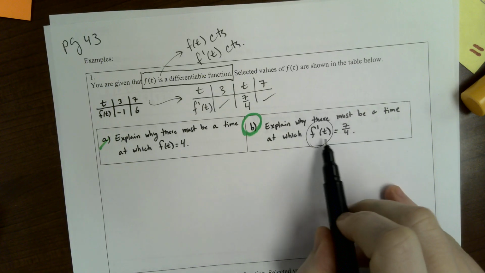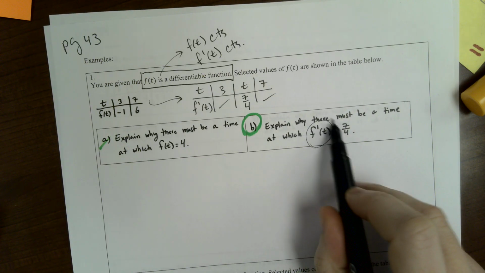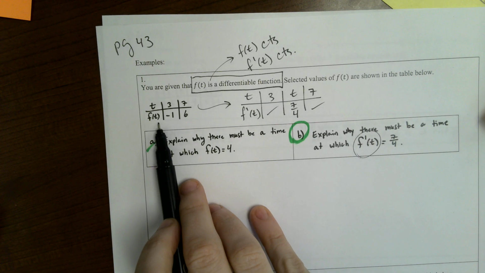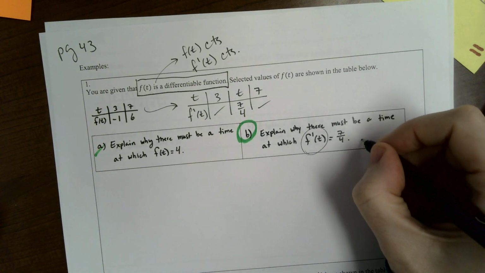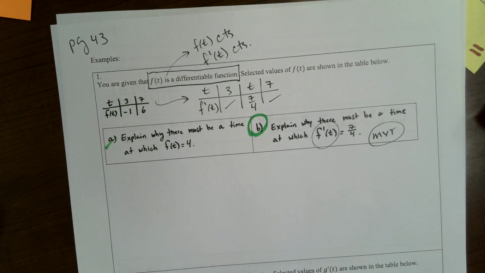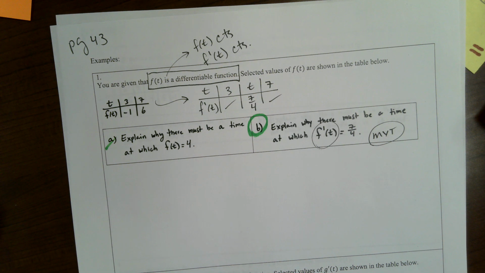And guys, by the way, let me write down here. If you're asked to prove that the derivative is a value, but you're starting with the original values at the beginning of the derivative sequence, that's how you know it is the MVT that you're going to use versus the IVT.